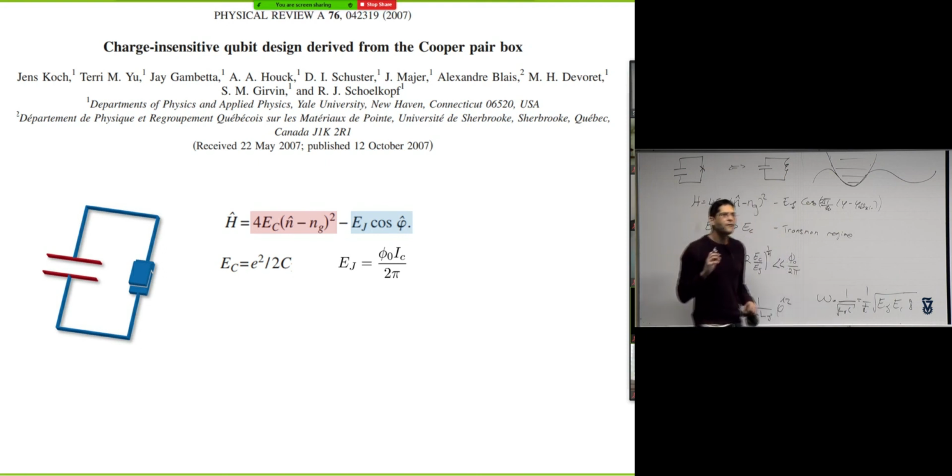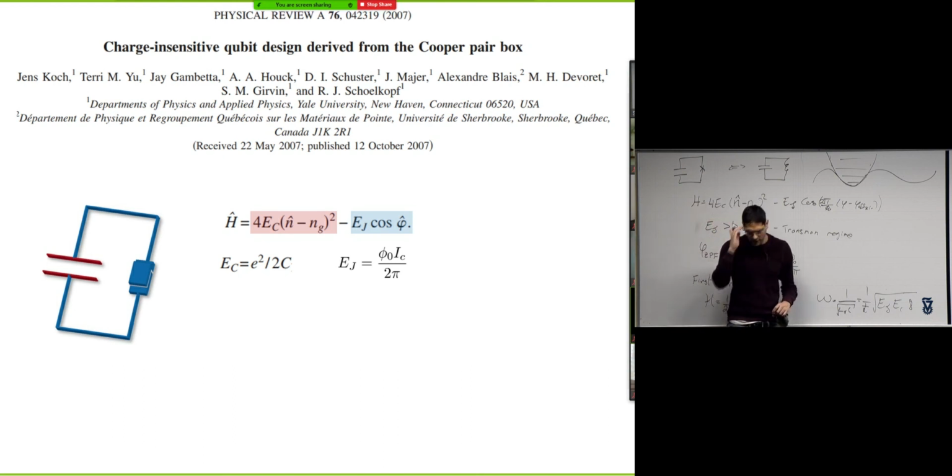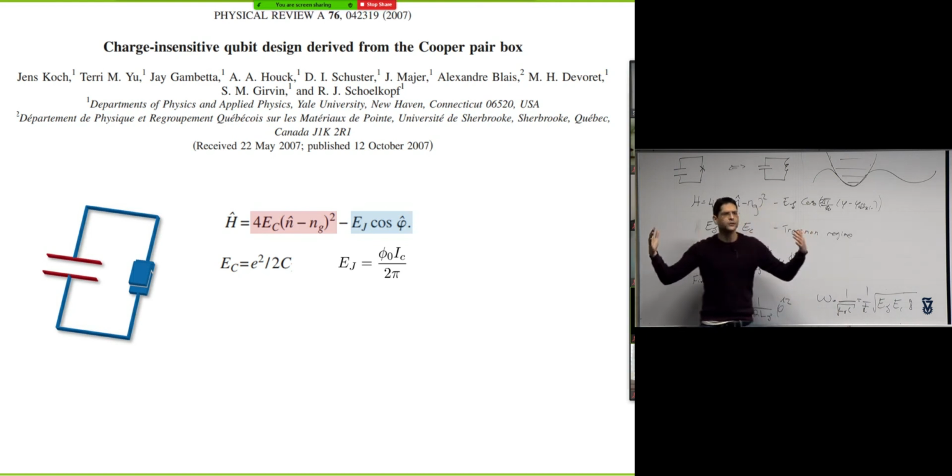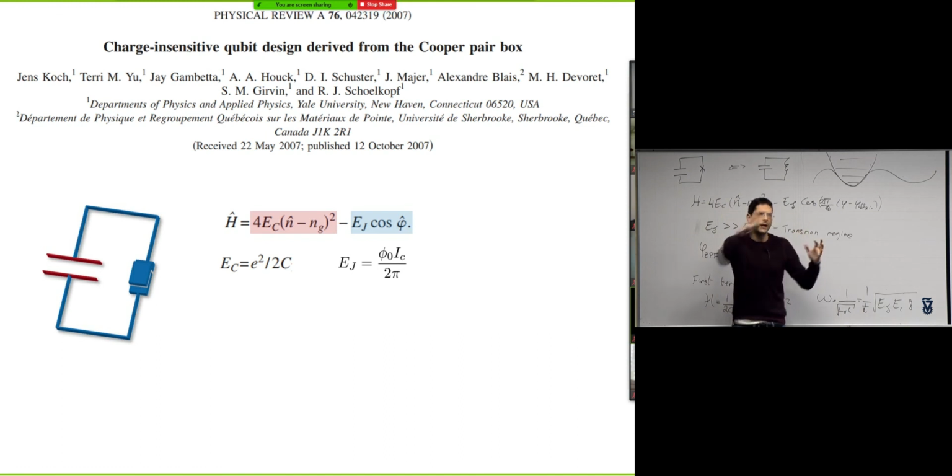It does limit how fast you can do a pulse, because if you want to transition from G to E, you need to give a pulse that is resonant with the G to E transition. But a pulse has a certain time, you start it at a certain time and you finish it at a certain time. Okay? You Fourier transform that and you get the spectral width of that pulse. It's always easy to think about Gaussians, because the Fourier transform of a Gaussian is a Gaussian.